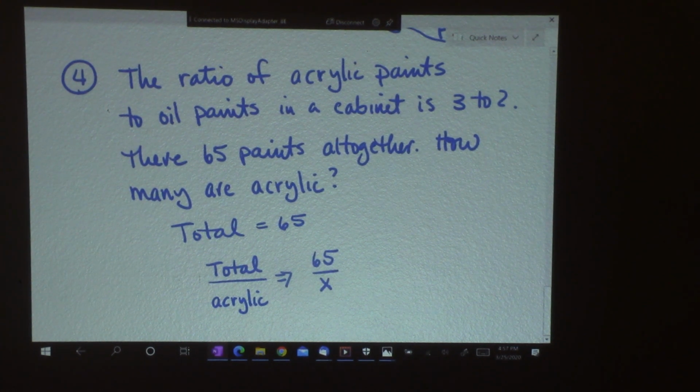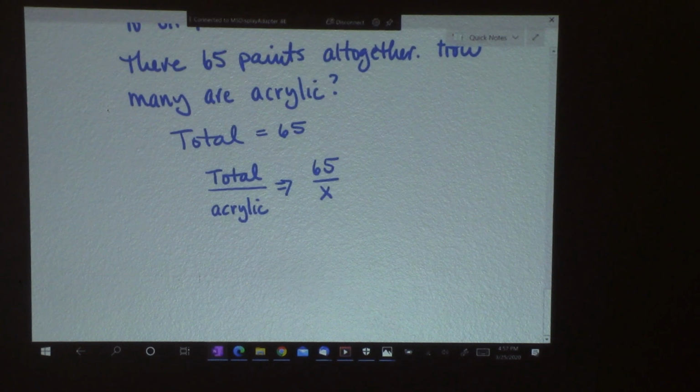I don't know how many acrylic paints I have, and I want to figure that out. Now, the other thing I have again is my ratio. So I have 3 to 2, and that represents acrylic to oil. So for every 3 acrylic paints, I have 2 oil paints.